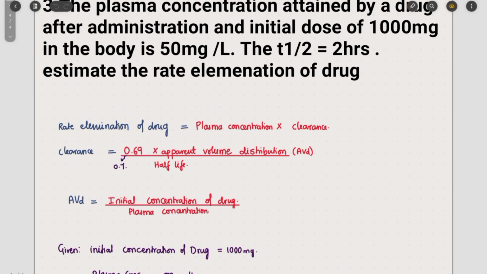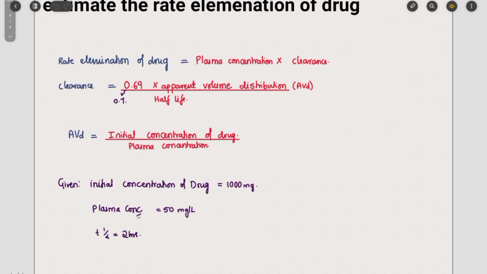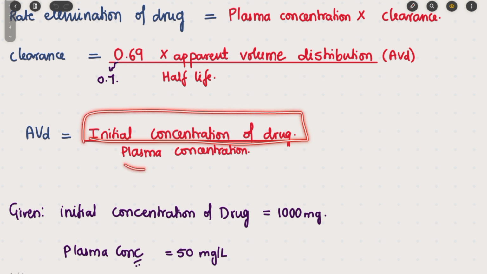Clearance is equal to 0.7 into apparent volume of distribution divided by half-life. Half-life we know is 2 hours, whereas apparent volume of distribution is not given. So the next step is to calculate the apparent volume of distribution, AVD. What is that? Initial concentration of the drug divided by plasma concentration.